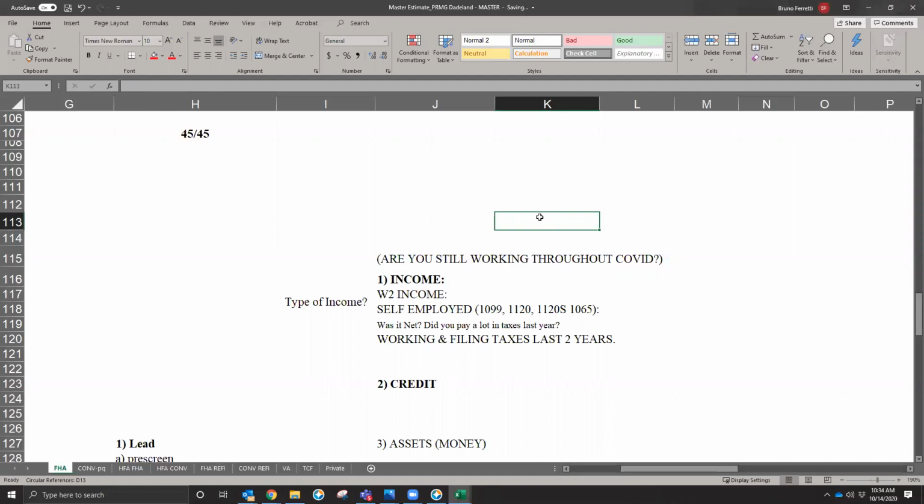Do you know if it was net or gross? Most of the times people don't know the difference. But you know what they do know? Is if they paid a lot in taxes.